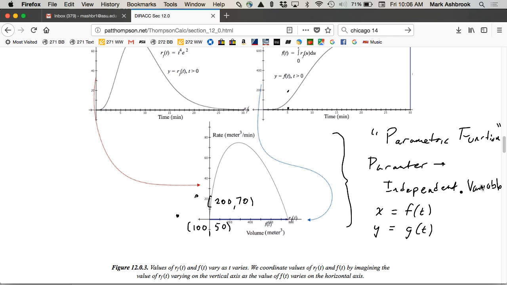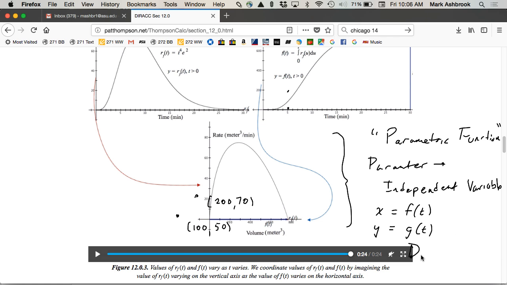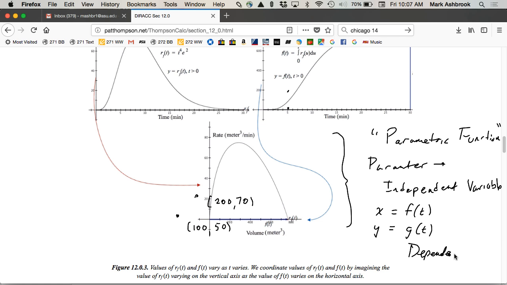So the parameter in this case was the independent variable, and that was t. And then our dependent thing then is no longer a single value, but it's an ordered pair. So our dependent output of these functions is now a correspondence point. It's both an x and a y. So our dependent, I'll write quantity, but it's really two quantities, right?